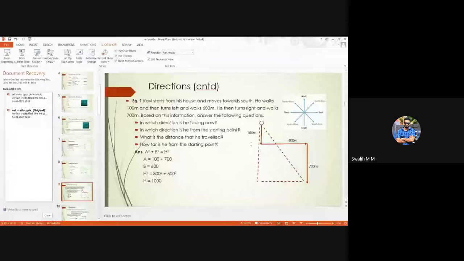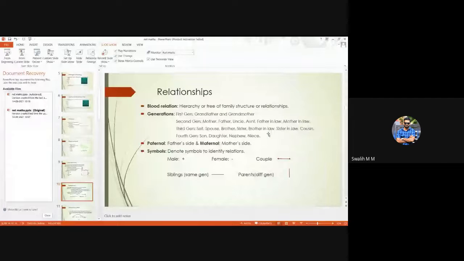You know this is 800 and this is 600. So 8 and 6. What is the third Pythagorean triple? That was 10. So the hypotenuse would be 1000. So this distance is 1000. If we know the Pythagoras theorem and the Pythagorean triples, you get the answer immediately. You can save a lot of time. Now moving on to the next topic, relationships.